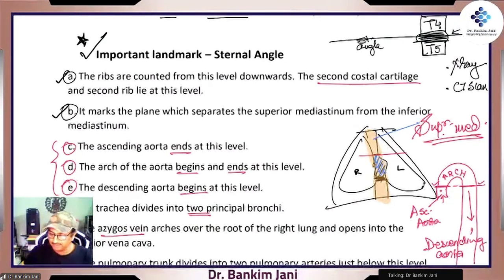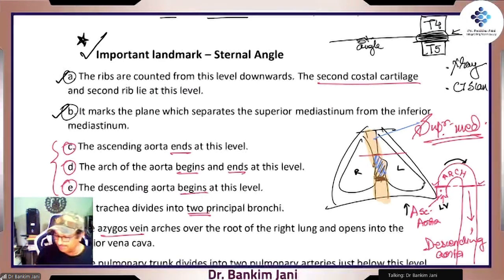Ascending aorta, this aorta which will be emerging from the left ventricle, and as it comes out, it takes a turn, and then it goes once again down. So it goes up, that's why it is called the ascending aorta. Then it takes a turn, that's why it is called the arch of aorta, and it goes down, it is called the descending aorta.